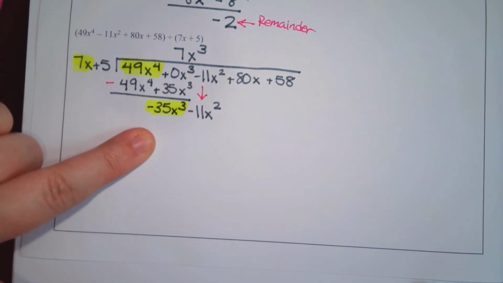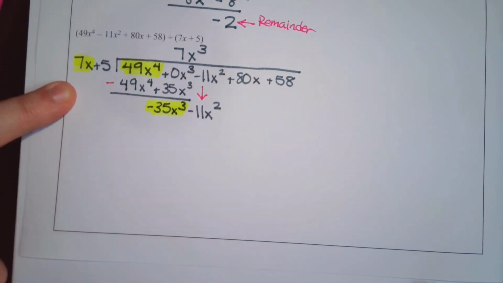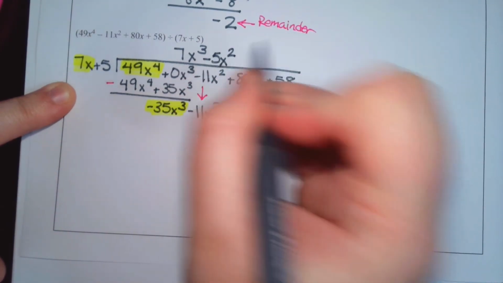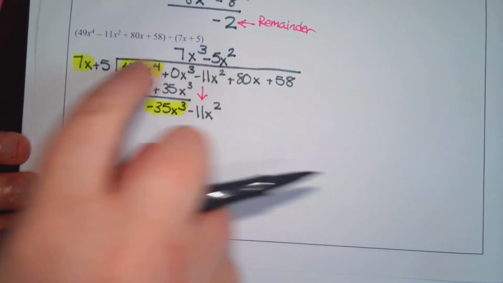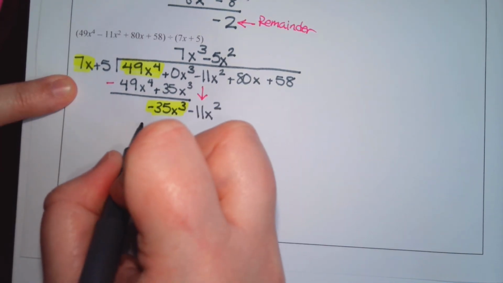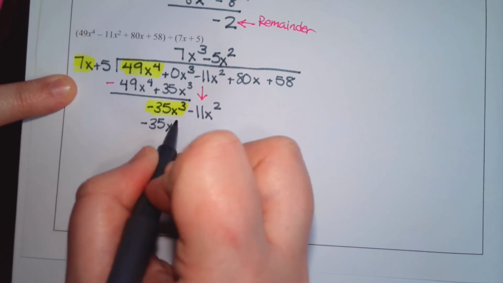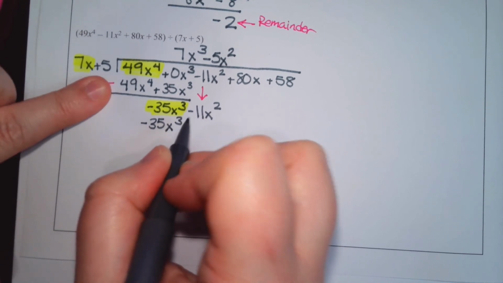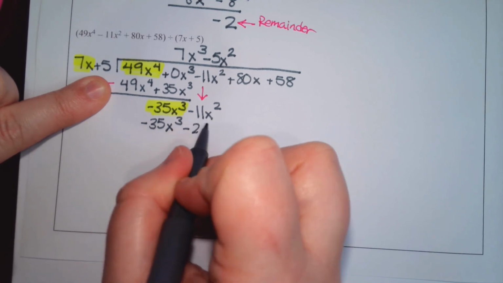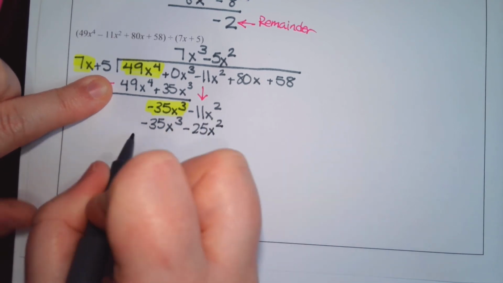Negative 35x cubed divided by 7x is going to be negative 5x squared. And now we multiply. So negative 5x squared times 7x, negative 35x cubed. Negative 5 times 5 is going to be minus 25x squared.